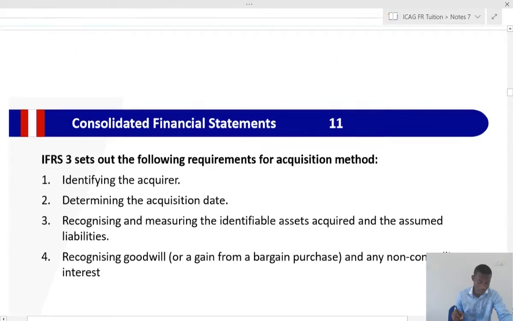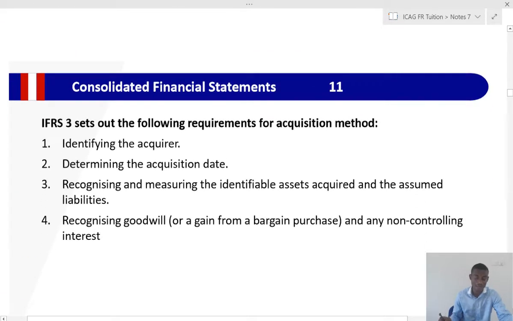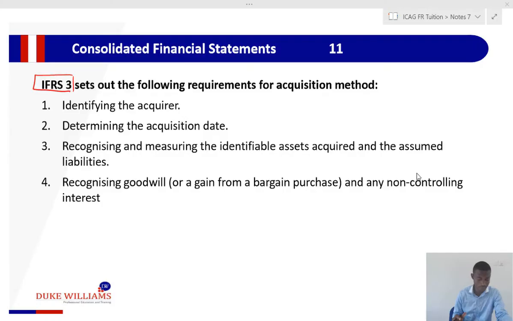Our next point is to look at IFRS 3. IFRS 3 spells out what we do at acquisition. IFRS 3 business combinations. The IFRS 3 business combination sets out what we call the acquisition method.